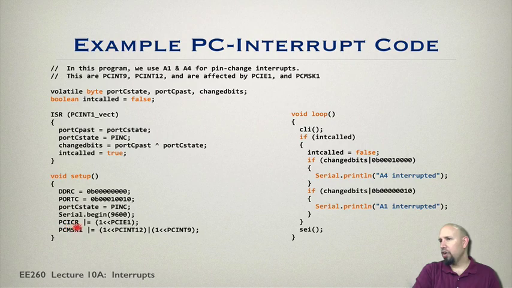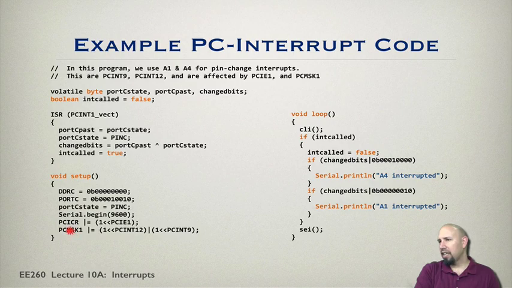pin change interrupt control register, and I'm going to enable PCIE 1. Notice PCIE 1 is the port, which is actually port C, and it enables that port to use pin change interrupts. That's what this command is doing. It enables the entire port to do pin change interrupts.